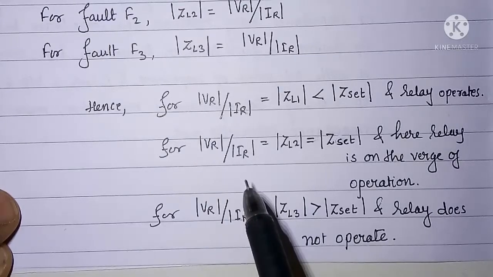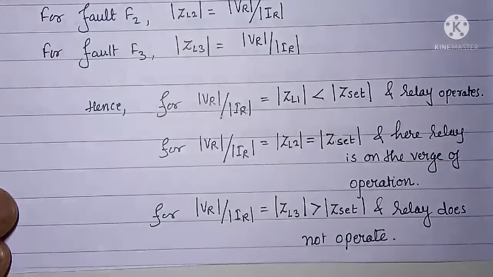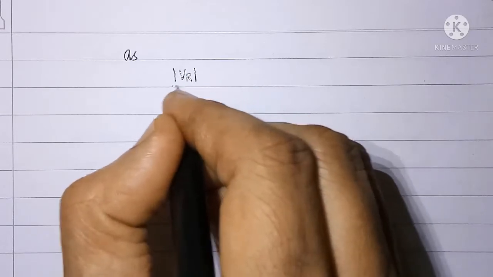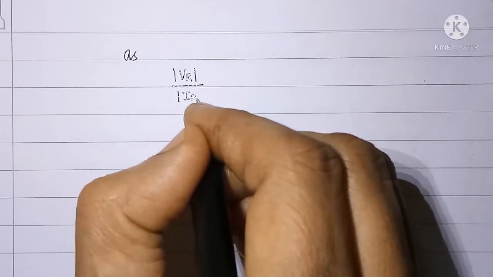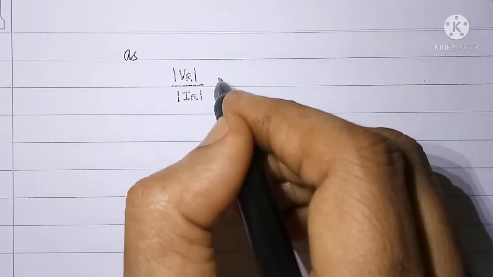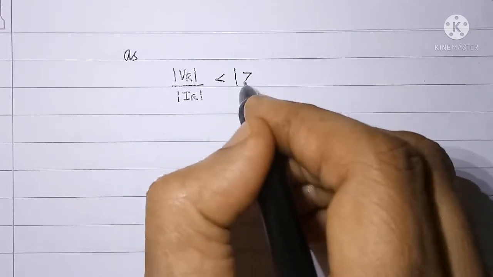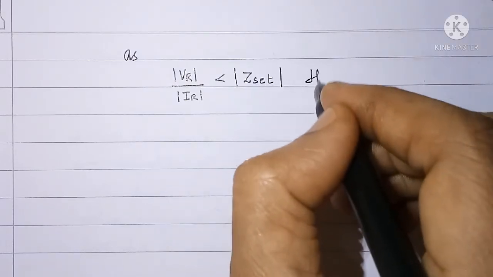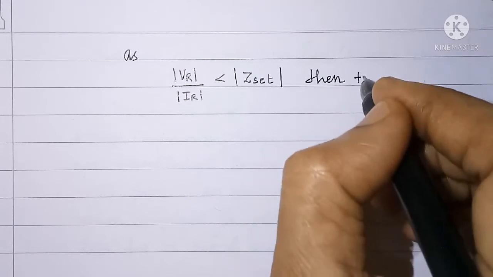So from this we can write a general trip law for the impedance relay or distance relay as VR magnitude by IR magnitude less than magnitude of Z set, then trip.